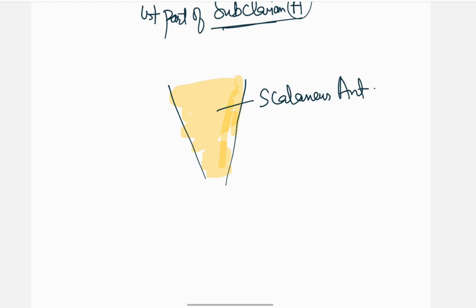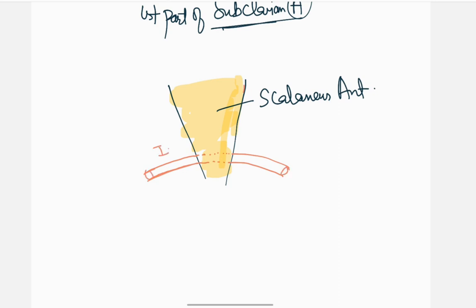The first part is proximal to this muscle, the second one is when it is behind the muscle, and the third part is distal to this muscle.